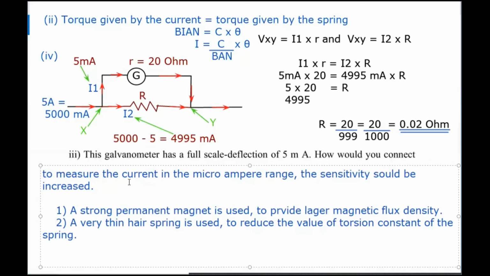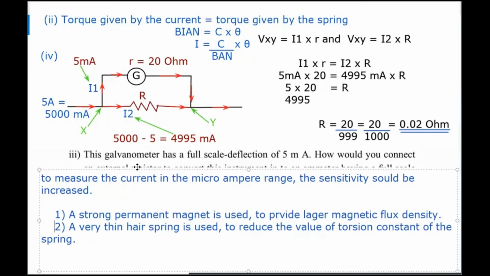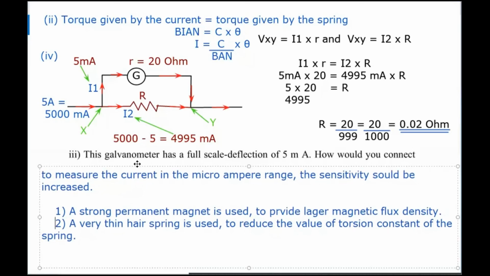So they ask, how do we modify the instrument internally to measure the currents in the microampere range? To measure currents in the microampere range, sensitivity should be increased. To increase the sensitivity, we have the two best methods. There are some other methods, but these are the two best.